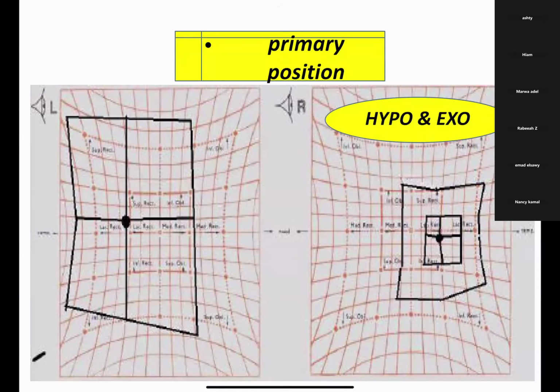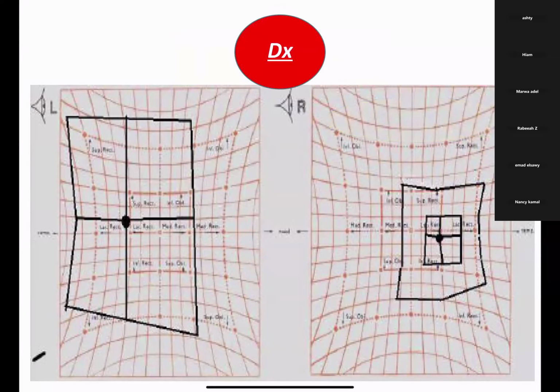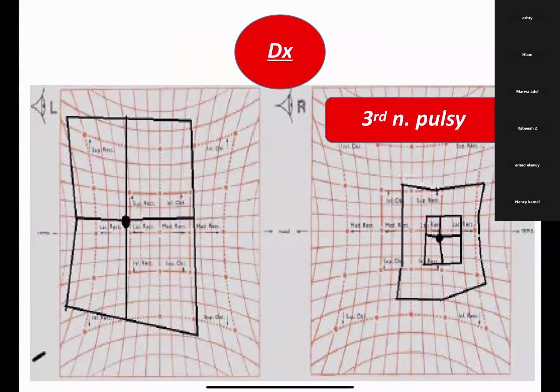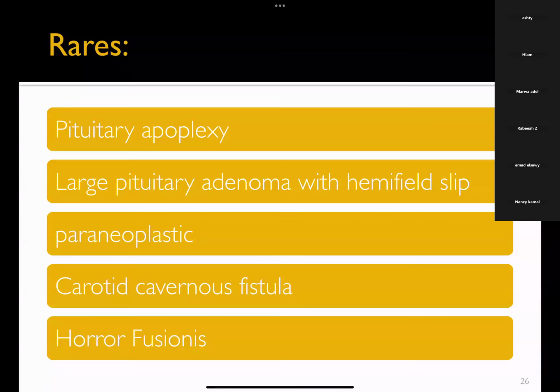The primary position is the same, hypo and XT. The diagnosis is most probably third nerve palsy, but it's really long standing, so you can tell it's the same position, but the overaction is not the same as the first case.